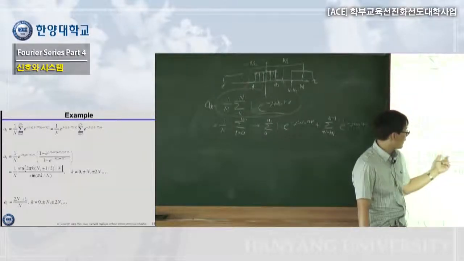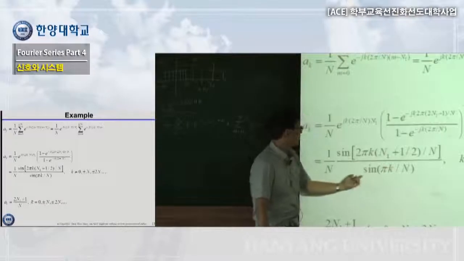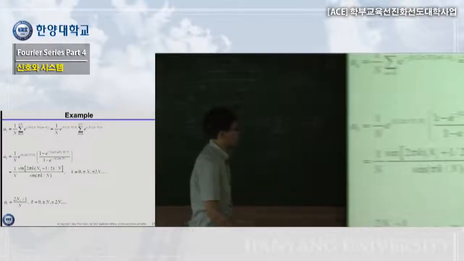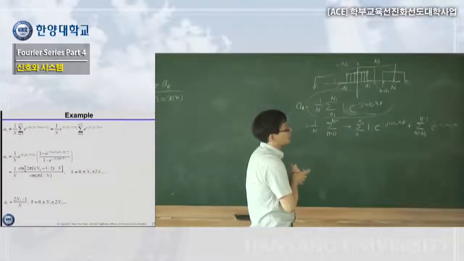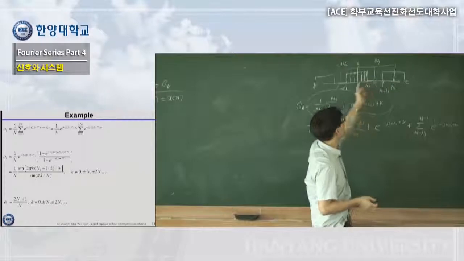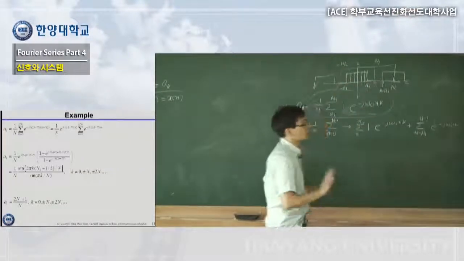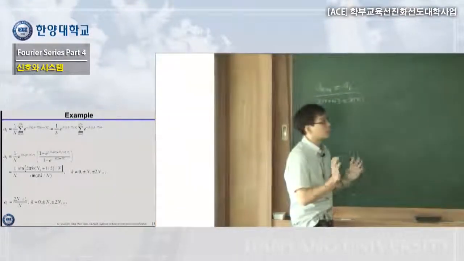This one has sine of 2 pi k (n1 plus 1 plus half) divided by large N, divided by sine of 2 pi k divided by N. That's one thing you can find. You can do that using this. Or as I said, you can do that from here to here, or here to here even if you want. Whatever you do, you will find the same solution. It may have a different form, but that's fine.